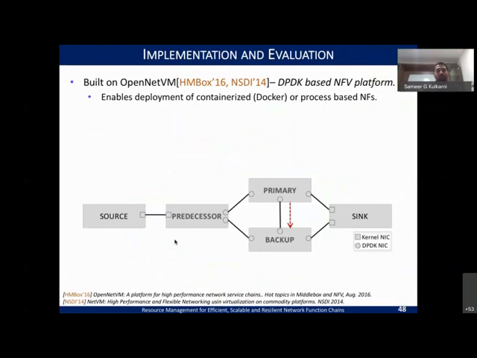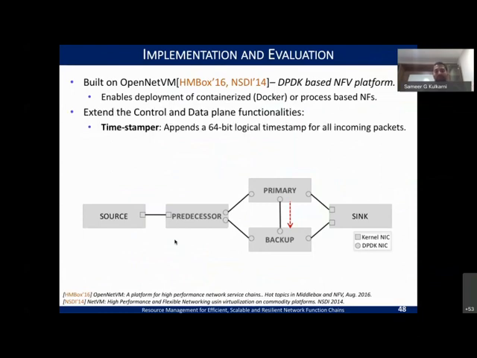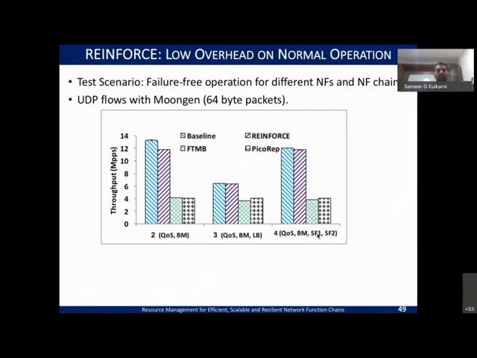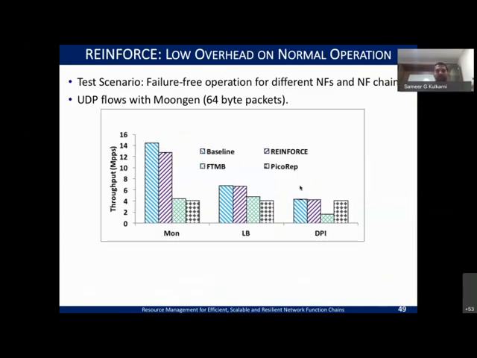So overall, to summarize, we built the same system and tried to see how our network behaves using our systems, how the primary and backup behave. And overall, you can see that for different scenarios, when we compare with FTMB and Pico replication, the REINFORCE work that we have done achieves the best performance all along.